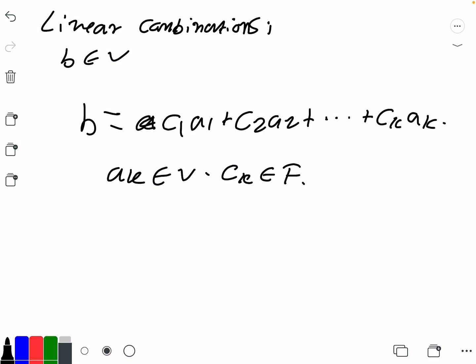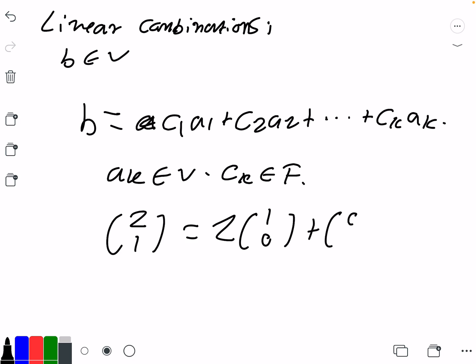So for example, the vector (2, 1) is a linear combination of the vector (1, 0) and the vector (0, 1). Now, that's really all there is to linear combinations. Well, they underlie many things.